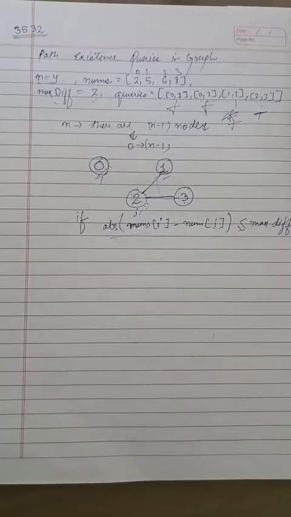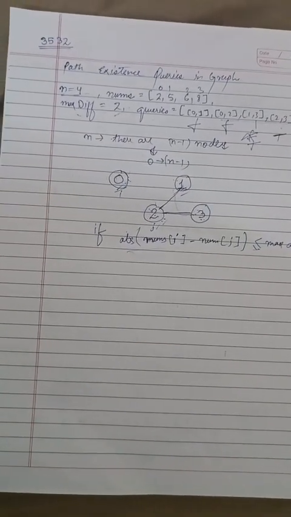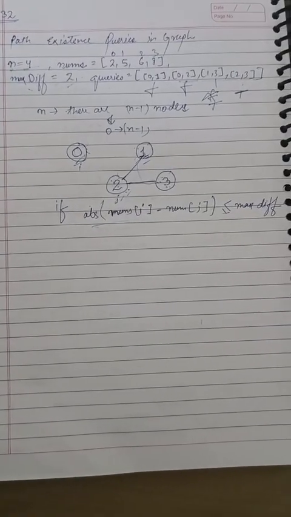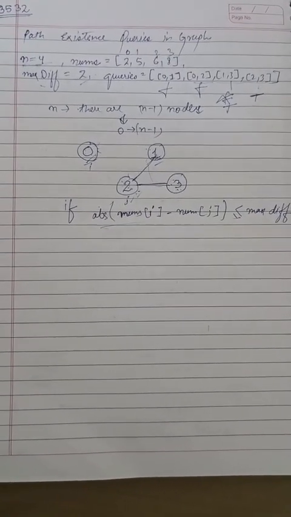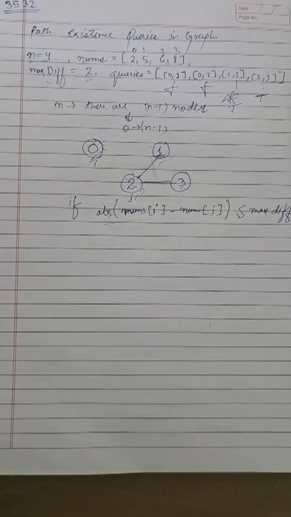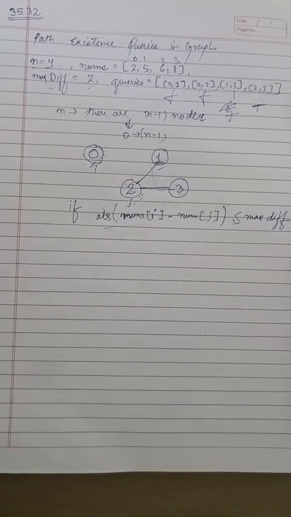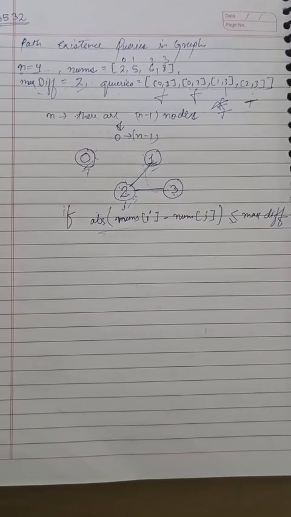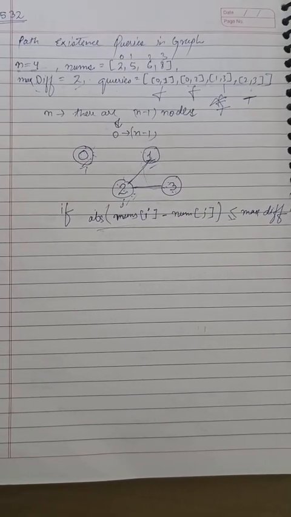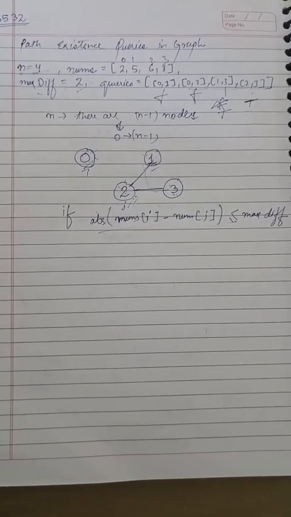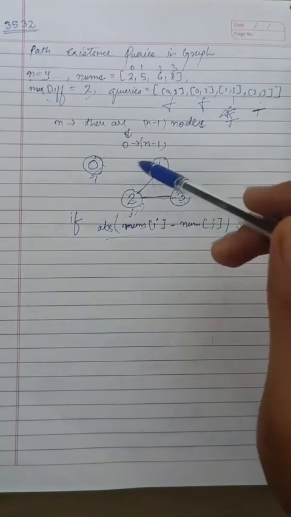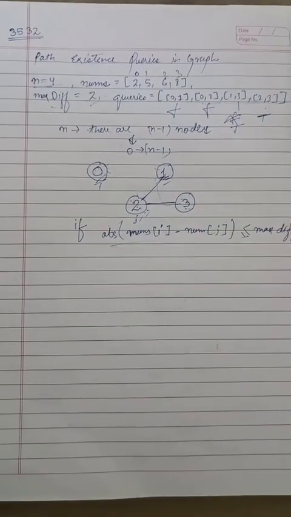In my first opinion, when I was solving, the immediate approach that came was that we can make a graph using a hash map, right? But if we see, the whole question is revolving around whether 0 is part of that connected component or not.